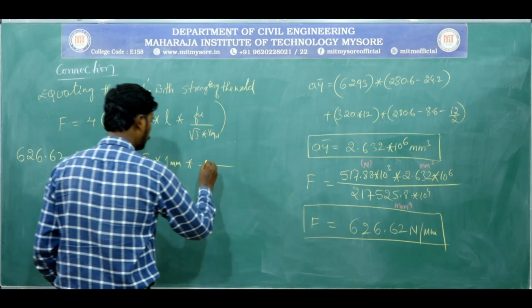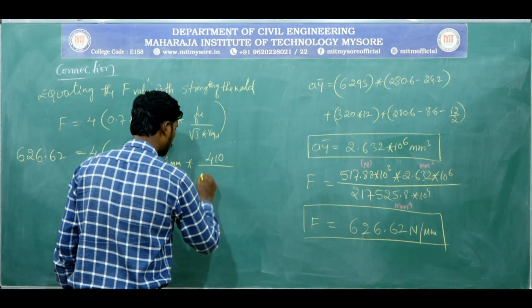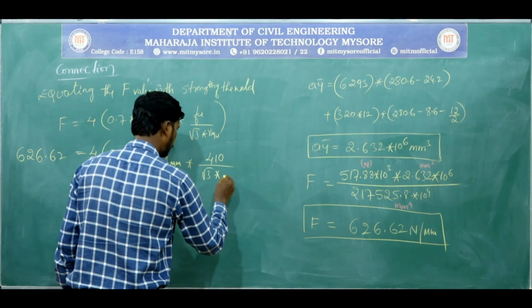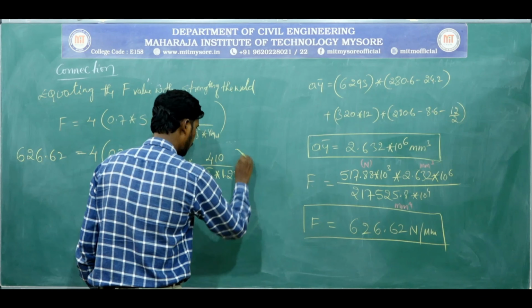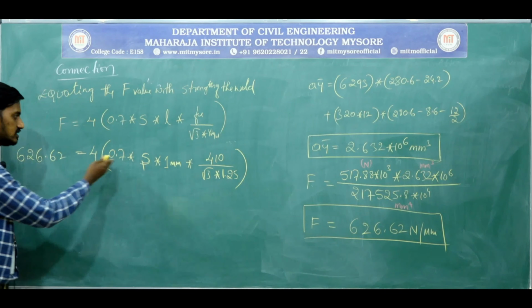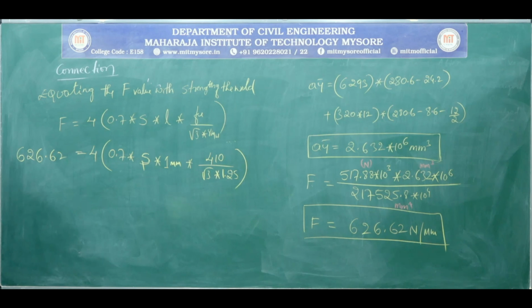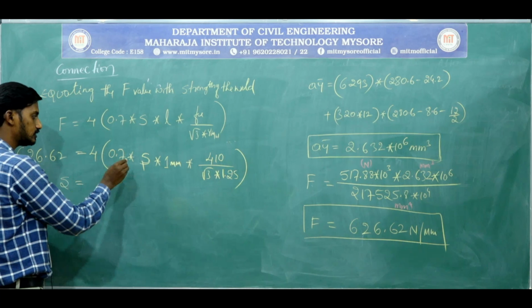And what is FU? It is 410 by root 3 into gamma MW, which is how much? 125 for the ultimate strength. So just calculate the strength of the weld with the above equations for size of the weld.